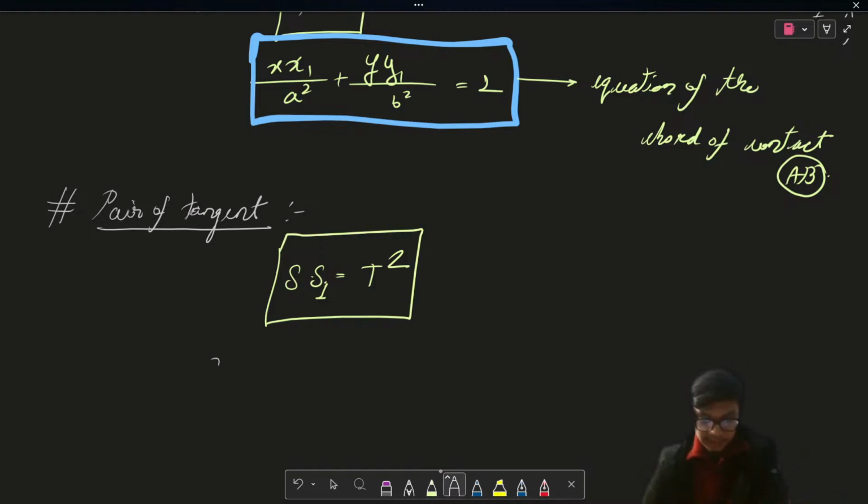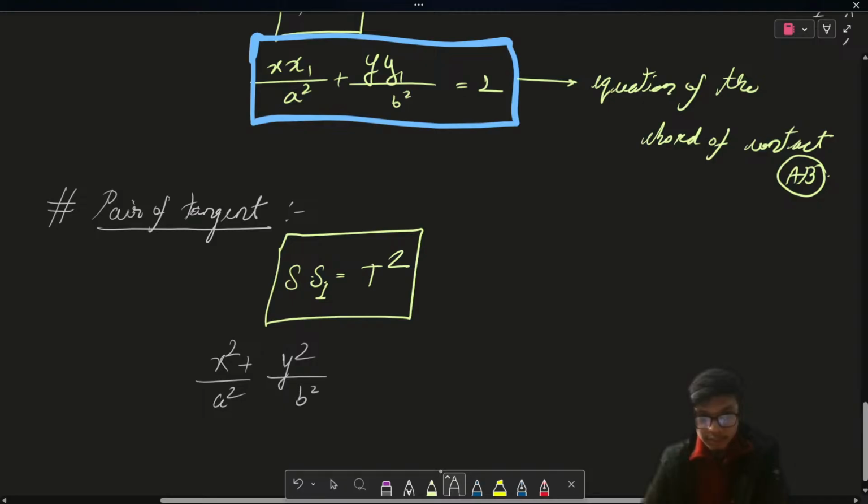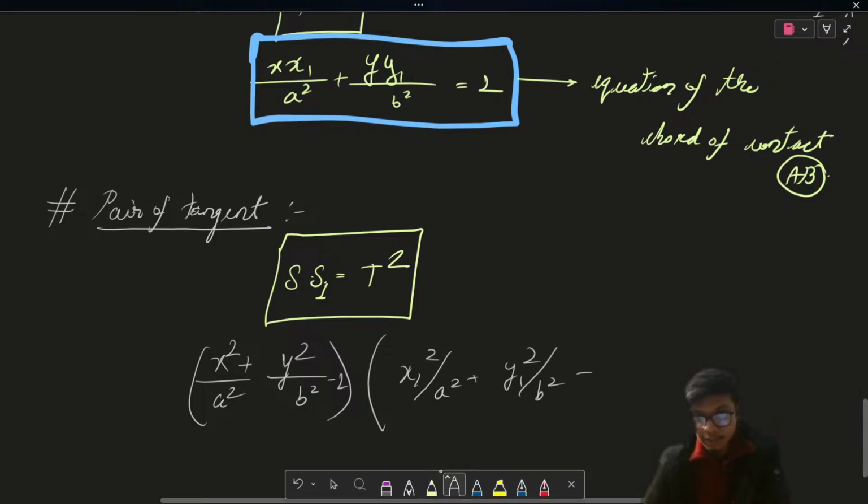Here, in a similar manner, S will be the equation of the ellipse, that is x square by a square plus y square by b square minus 1, multiplied with x1 square by a square plus y1 square by b square minus 1, is equal to T square, right?